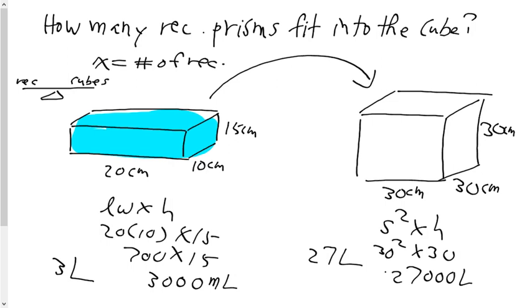So I think about that as being 3x. 3x will represent the volume of the number of prisms, and that has to equal the volume of the cube. I got that backwards. The cube is 27.